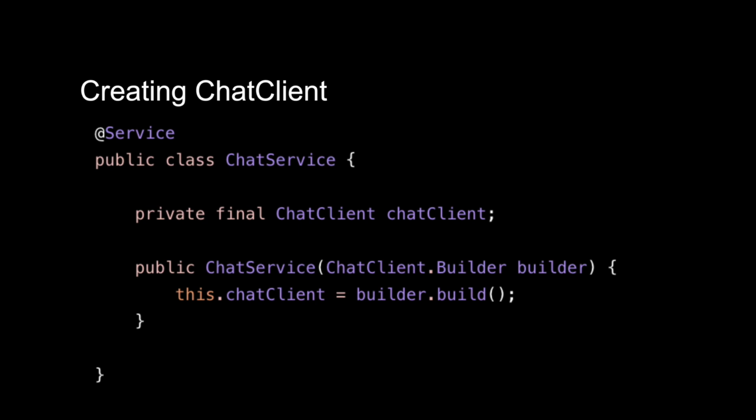Remember the properties file we created? It contains the API key, model, temperature. Spring reads all those configuration values automatically. Then it creates a builder that's already configured. When we call builder.build, Spring creates a ready to use ChatClient. This is one of the biggest advantages of using Spring AI.